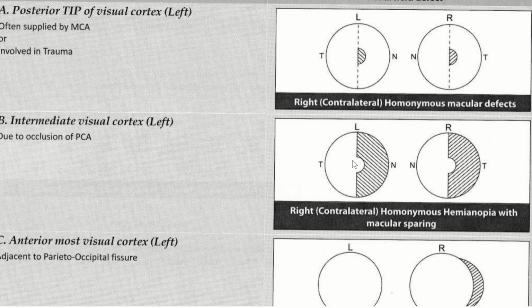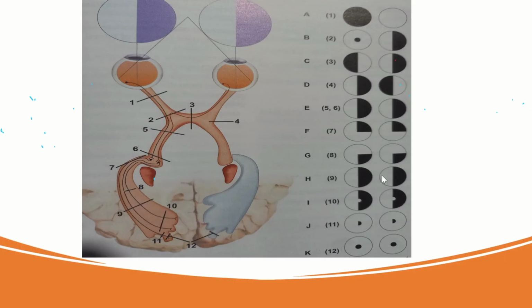But there will be macular sparing, so you get this kind of picture, which is homonymous hemianopia, similar to our diagram, in diagrams 5, 6, 7 and diagram number 8.